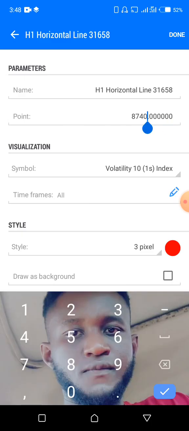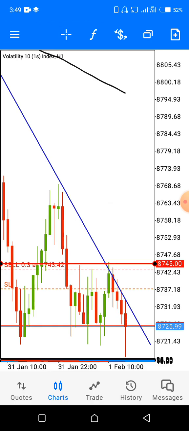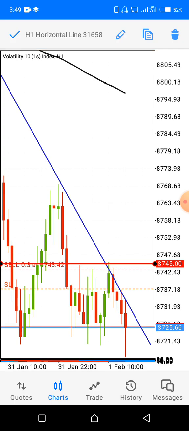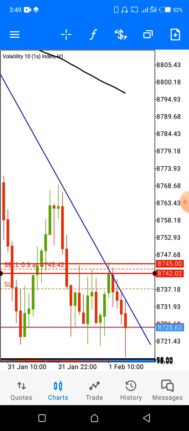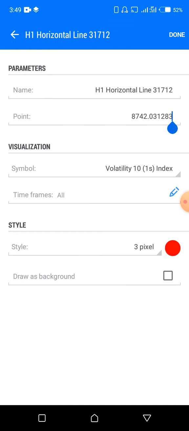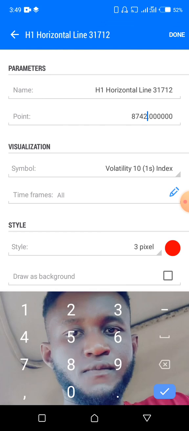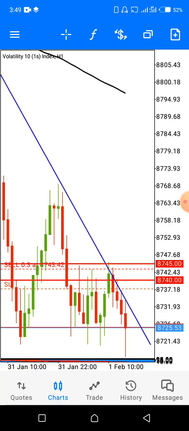The next one will be 8745, then it's 8740. I hope you guys are understanding what I'm doing. So let's add probably one more.